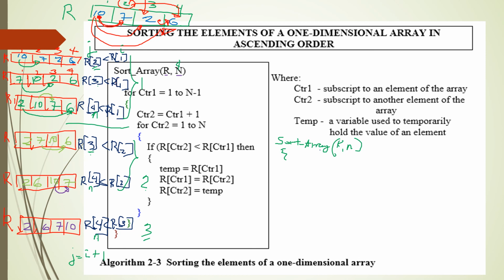Okay? So, for I equals 1, I equals 2. Okay. 3 lang. Ang N natin is 4. So, that is why it is N minus 1. Okay.